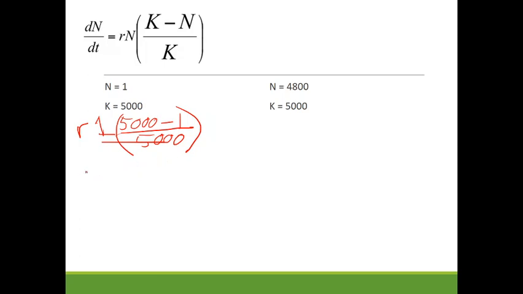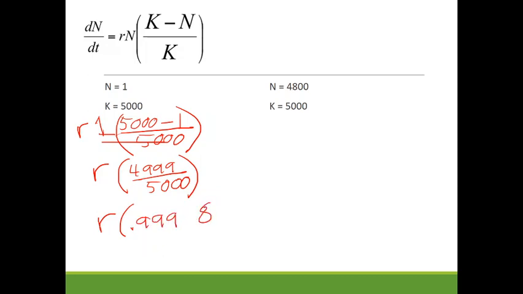So what we get here is r times 4,999 all over 5,000. What that comes out to is r times 0.9998, which is essentially just r. Maybe I should have kept this population, this 1, in here. We can just put it right back in, right?